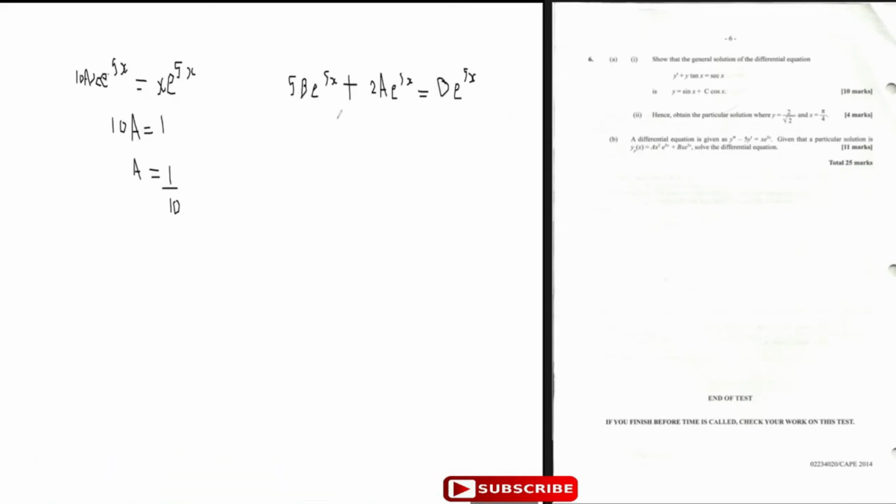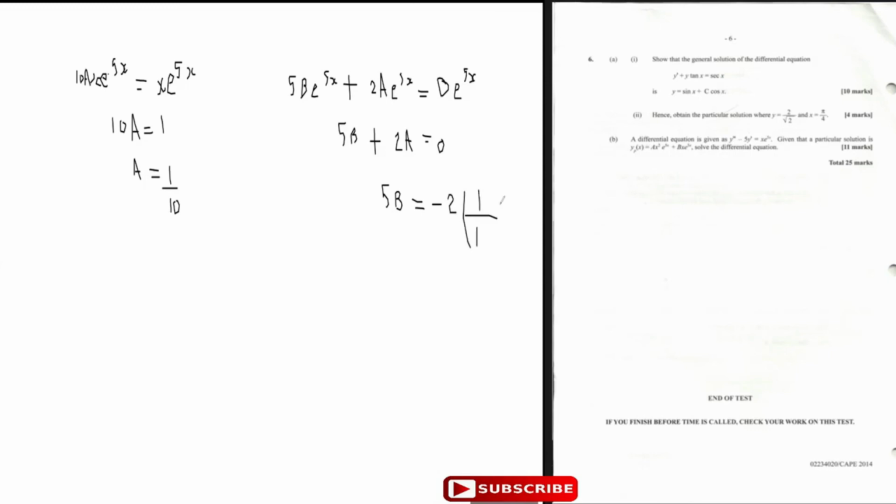We can then divide through by e to the 5x to get 5b plus 2a is equal to 0. And if 5b plus 2a is equal to 0, then we can make b the subject by getting that 5b is equal to minus 2 times a, and a is 1 over 10.